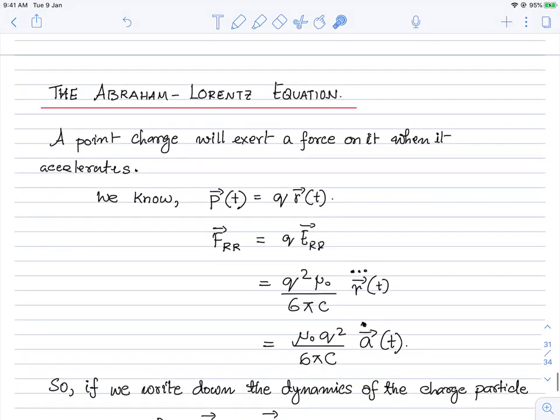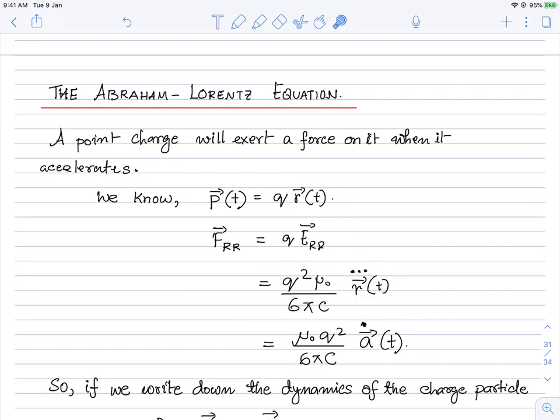And therefore, if I now consider the force, this is q times the retarded part of the electric field which we have calculated, given by the triple derivative of the dipole moment, right? And the dipole moment is this for the point charge. So this is going to give me the triple derivative of the location coordinate.